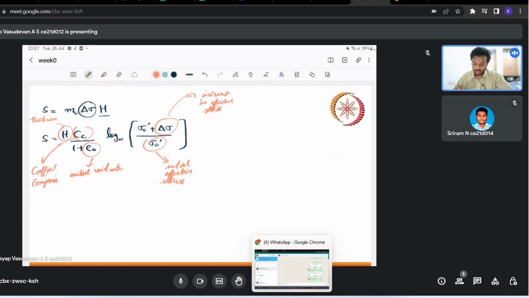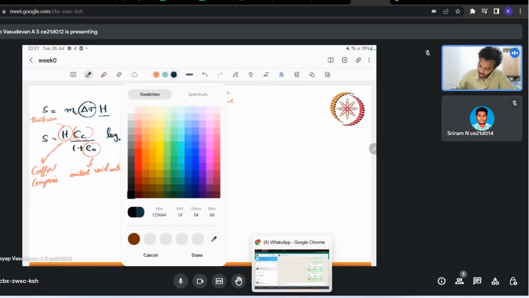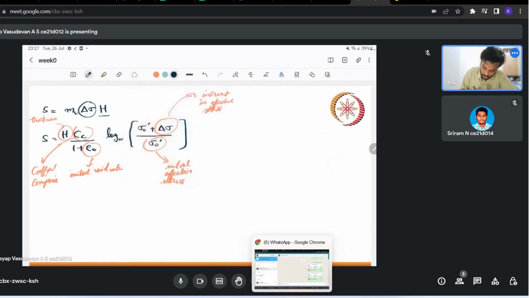Before that, let us see how this equation came into the picture. If we plot void ratio versus log of effective stress, what we get in the compression line is a linear line.